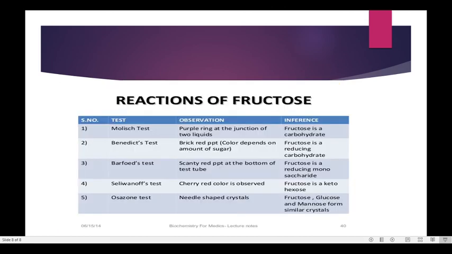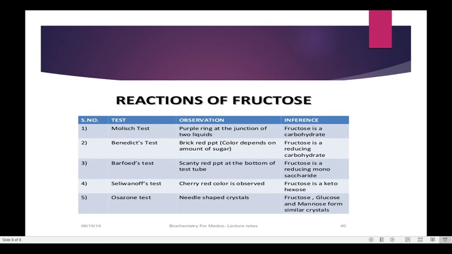Now here are some reactions of fructose with some reagents. So fructose reacts with Molisch reagent and it gives a purple ring at the junction of two liquids, which indicates that fructose is a carbohydrate.